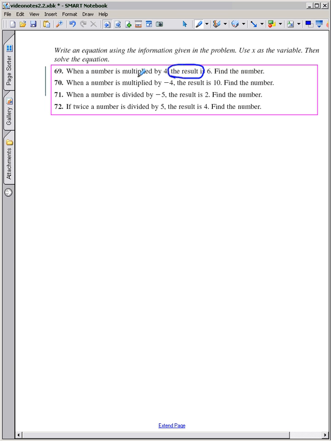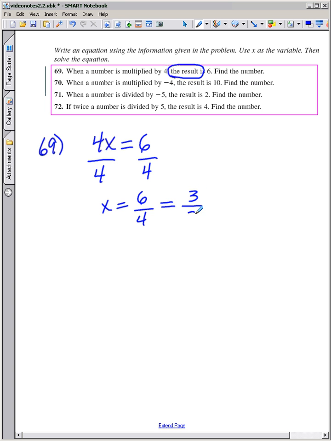When a number is multiplied by 4, that's 4x, the result is equals 6. So what's the number? Well, the multiplication property comes in. We divide by 4. So our number is 6 over 4, or we can reduce that to the fraction 3 over 2. Okay. So the number is 3 halves, or 1 1/2.